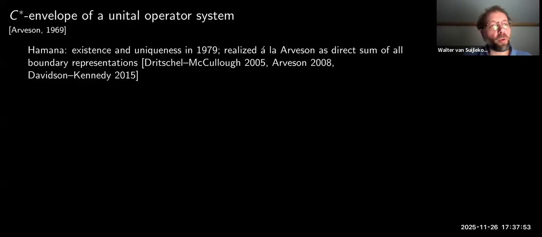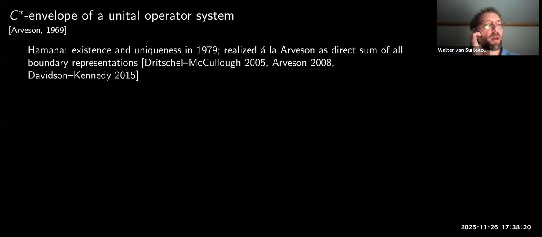And there are several, actually, but let's take the smallest of those in a certain sense. And this is due to Arveson, who was looking in the 60s at function spaces or function systems, and then thinking about what is actually the C-star algebra it generates. It generates a set of functions on some space. What does it generate? And maybe is there a smallest such C-star algebra being generated?